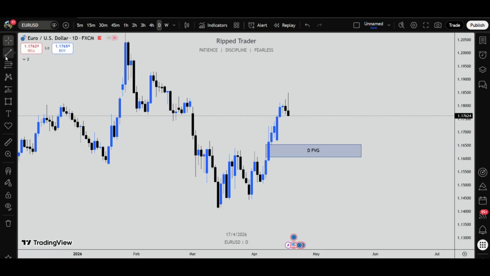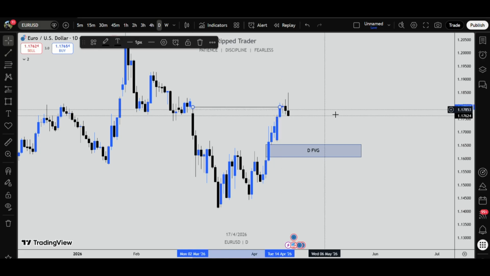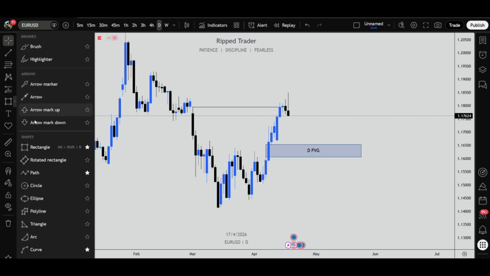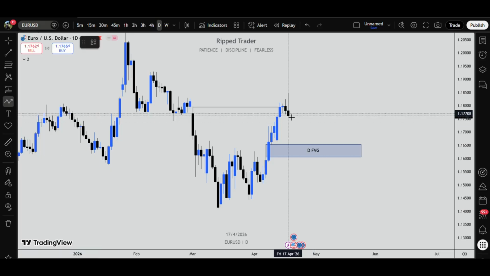As you see over here, the latest buy side liquidity has been swept this week, and this is clear. It also became a break of structure, and I will be looking for the market to drop back down to this key level.